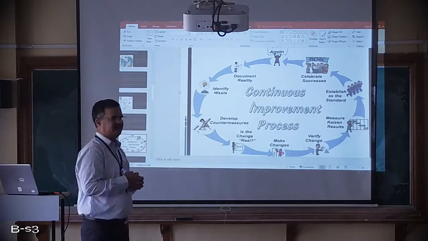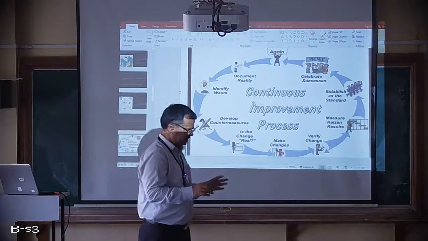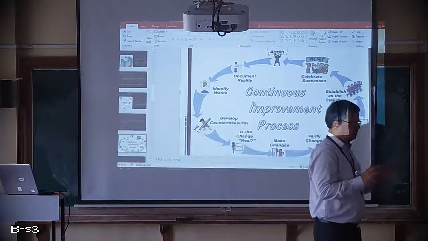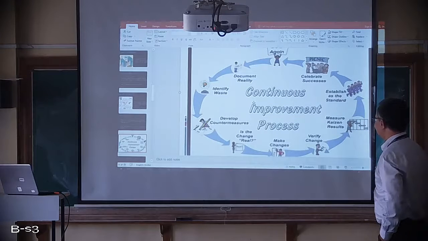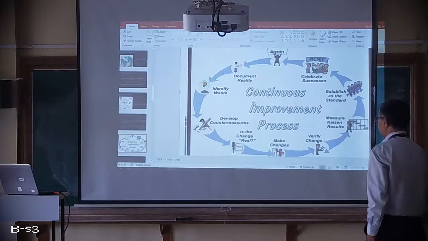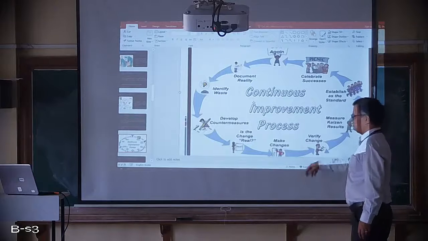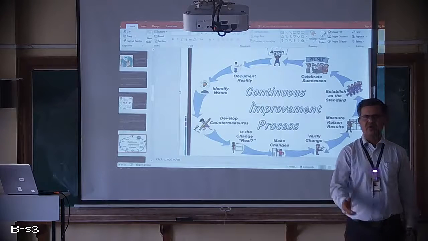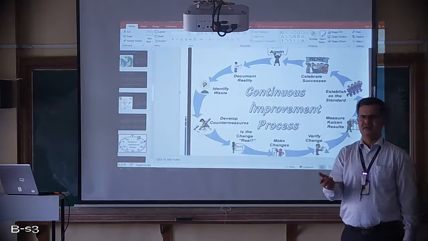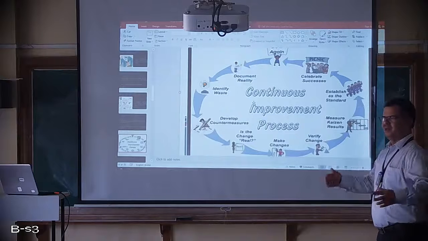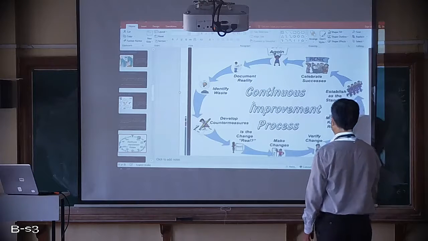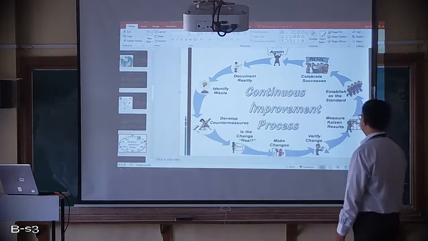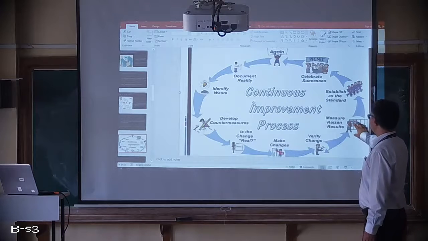It's very important whether it's genuine, whether you are really making changes as countermeasures. And verify the change. When you make a change, however small, a variation or a leap, you make changes, then verify the change, then measure results.